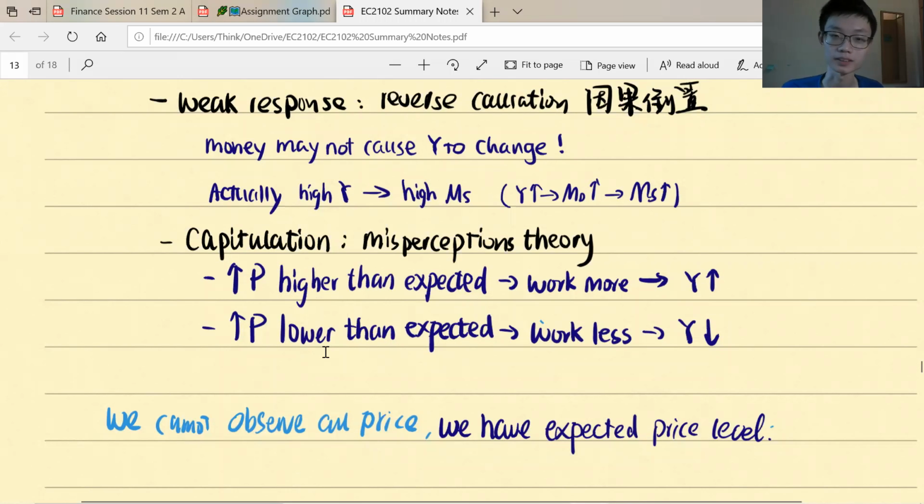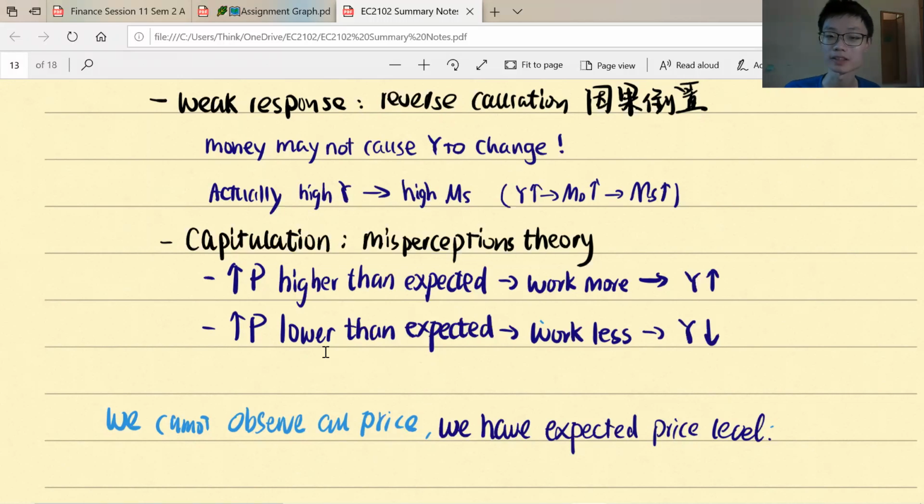The way they explain it is this: if the price is higher than expected, the worker is going to work more, so the output will increase. If the price increase is lower than expected, they will work less, so output lowers.